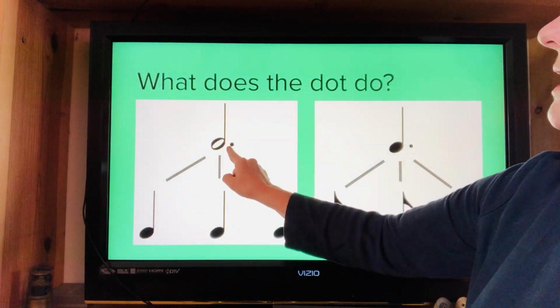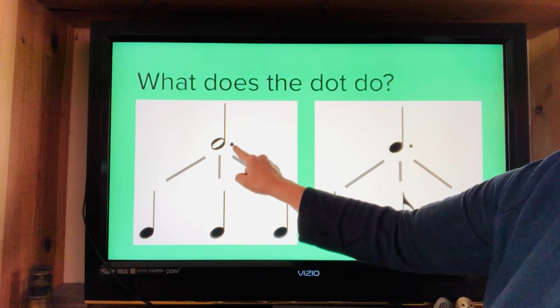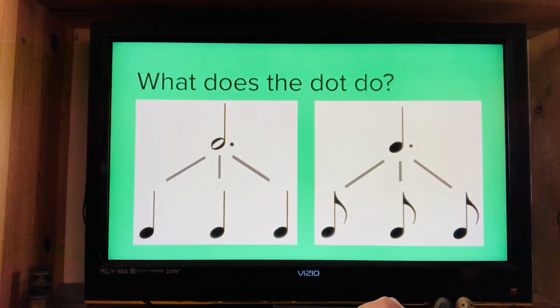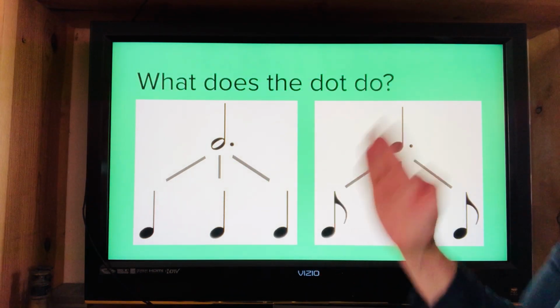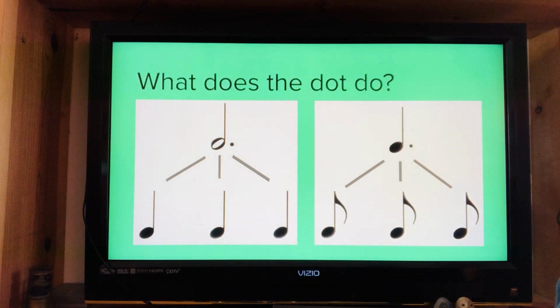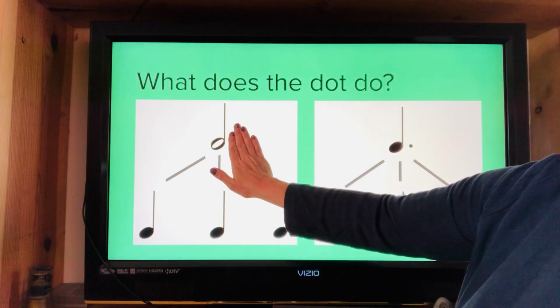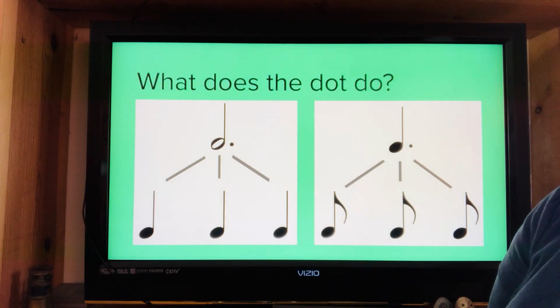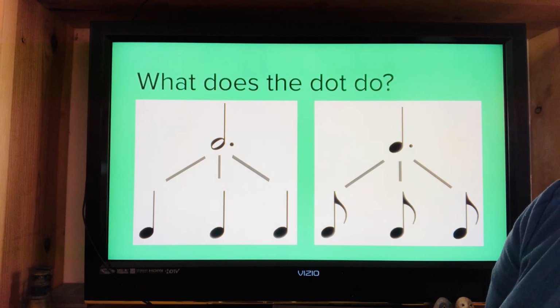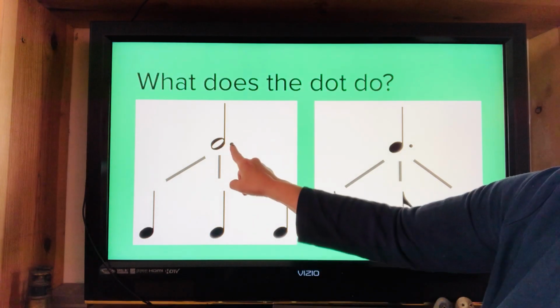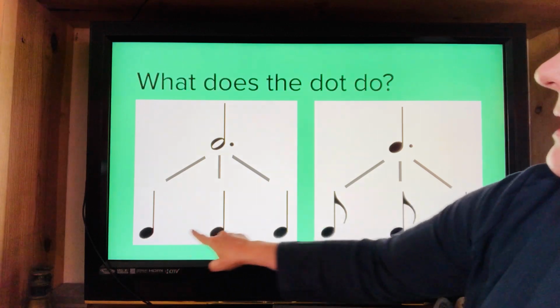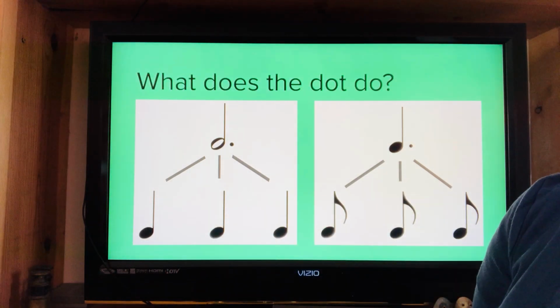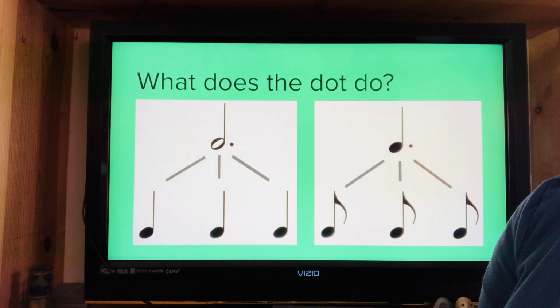When there's a dot, it means you increase the duration of that note or rest by 1/2 of its value. So a half note is 2 beats. You add half of 2, which is 1, to itself, it makes 3 beats. So a dotted half note can be divided into 3 beats.